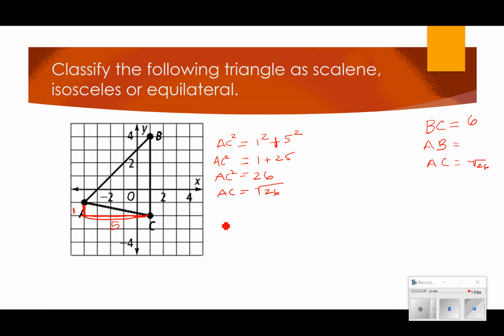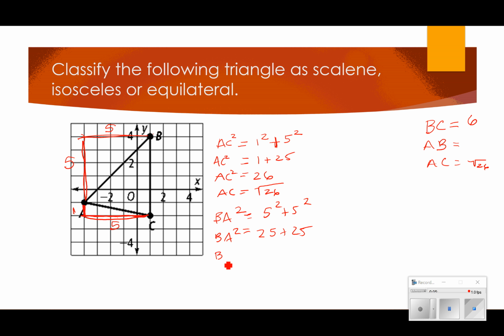All right, and let's then do BA. So I know BA squared by the Pythagorean theorem. I've made my right triangle, and this side is 1, 2, 3, 4, 5, and this side is 1, 2, 3, 4, 5. We don't need the square root yet. 5 squared plus 5 squared is going to be 25 plus 25.